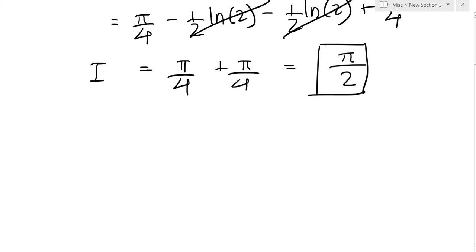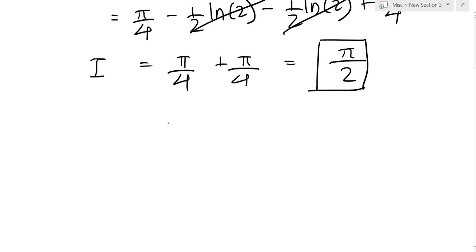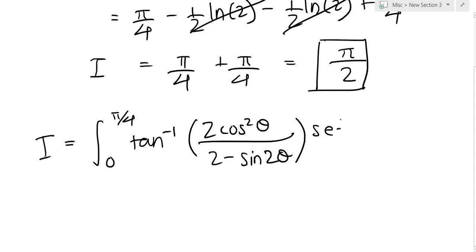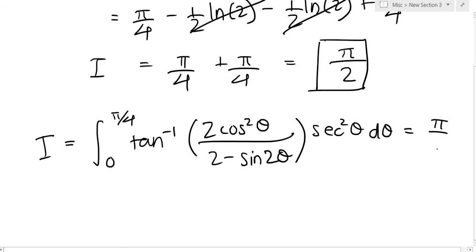And now, just for the sake of writing the question again, and giving you an entire perspective of what happened, because if someone asks you what this video was about, you should be confident to say that this integral from 0 to pi by 4 of the inverse tangent of 2 cosine squared theta over 2 minus sine 2 theta times secant squared theta d theta equals precisely pi over 2.